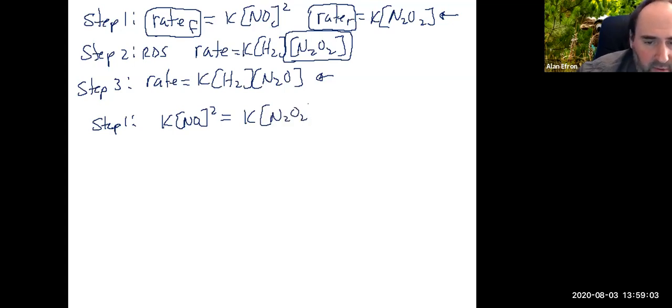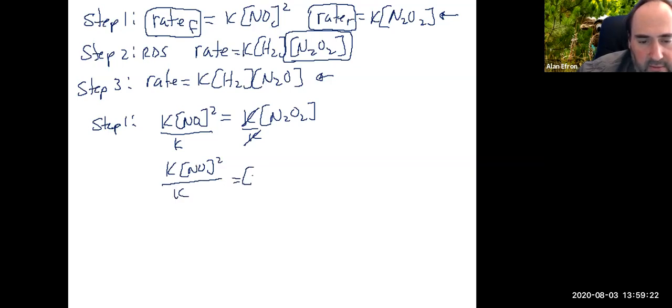And again, here we're looking to solve for N2O2, which means we essentially just need to bring K to the other side. These will cancel here. That will then give us that K times NO squared over K equals N2O2.